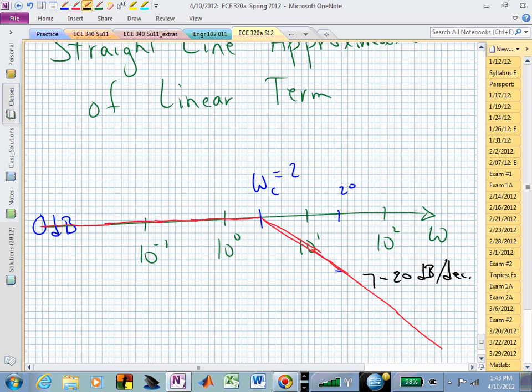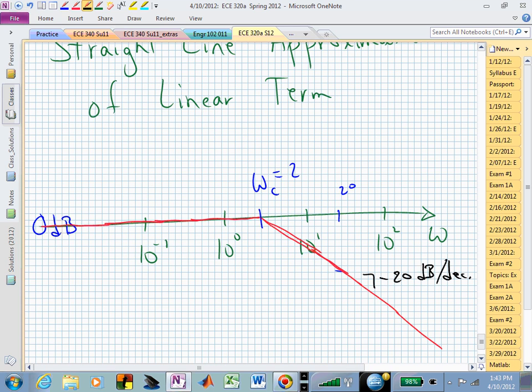In fact, the actual magnitude plot looks like what? This is an approximation. If you looked at the magnitude right at the cutoff, where is it going to be? Now omega c is equal to omega. And now we have 1 plus j in the denominator.